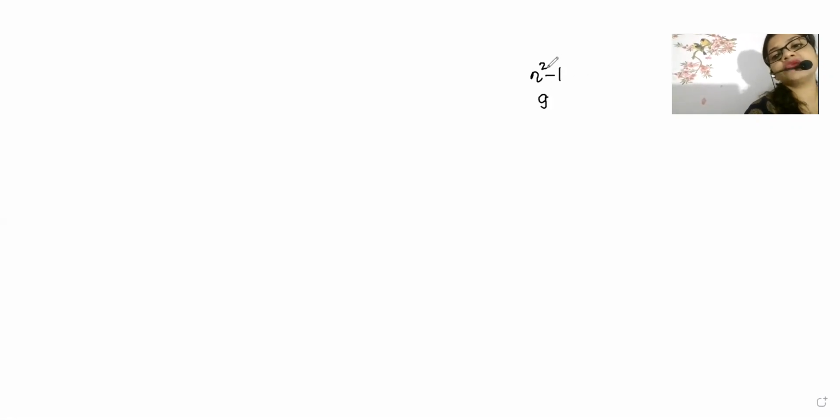If you take 3, then 3 square is 9, 9 minus 1 is 8, and 8 is exactly divisible by 8. If you take n equal to 1, then 1 minus 1 becomes 0, and 0 is divisible by 8. That means for every odd integer, it is exactly divisible by 8.